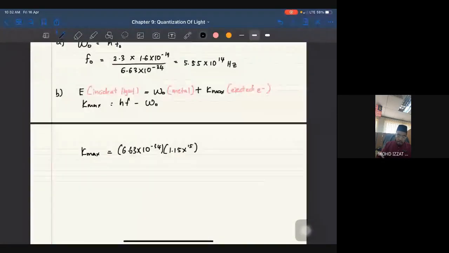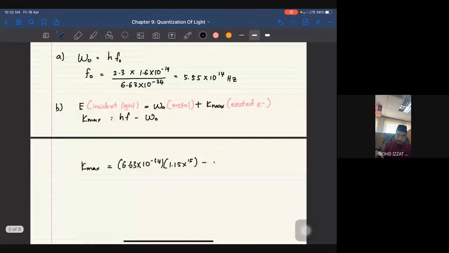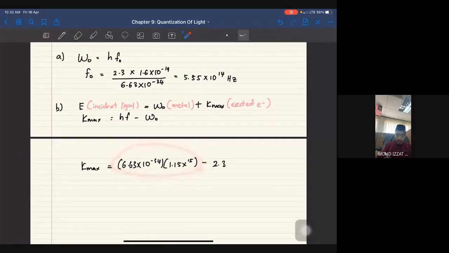And then you have minus W naught. W naught is given as well, 2.3 eV. But since this one, H, is in SI unit, this one you have to put in joule as well. So you have to convert by multiplying with 1.6 times 10 to the negative 19. Okay, how much do you get for the kinetic energy?